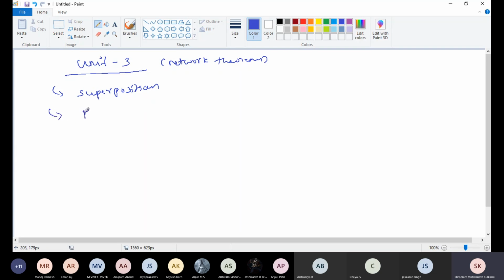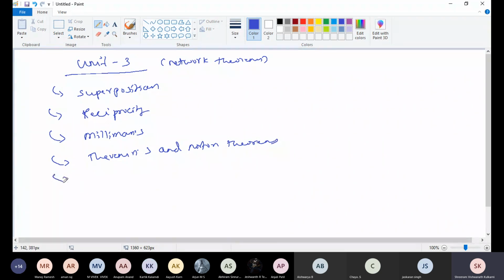Second one, reciprocity. Third one, Millman's. Fourth one, Thevenin, and Norton. Then the last one is MPTS, maximum power transfer theorem.